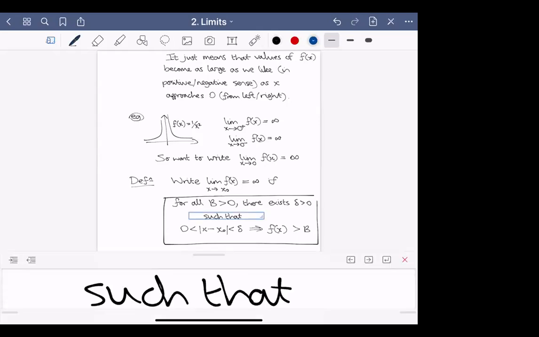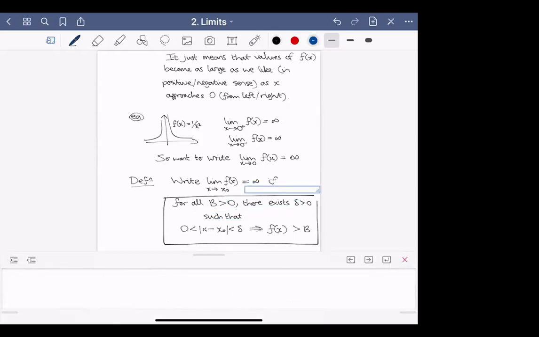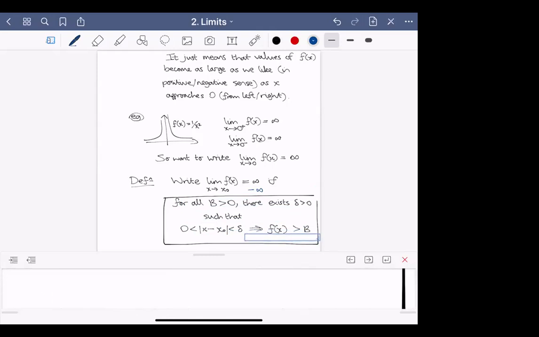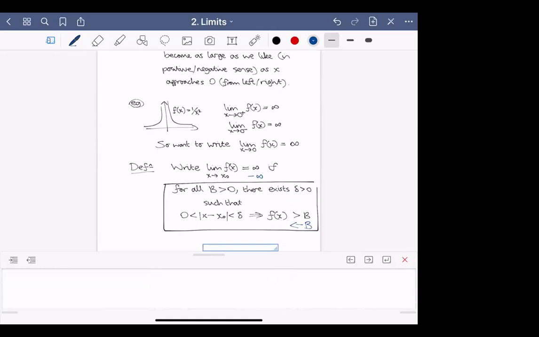And then what do I write for minus infinity? Well, it's very similar. So if the limit is minus infinity, then for any positive b, I want f(x) to be less than minus b. So think of b as a big positive number.